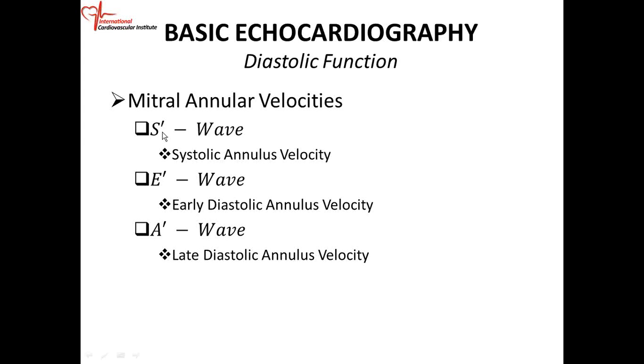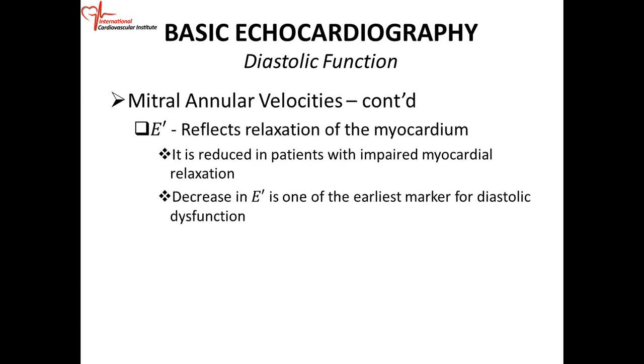The S prime wave is the systolic annulus velocity; it moves upwards, towards the transducer. The E prime wave is the early diastolic annulus velocity. And the A prime is the late diastolic annulus velocity. And we'll show you what those look like.